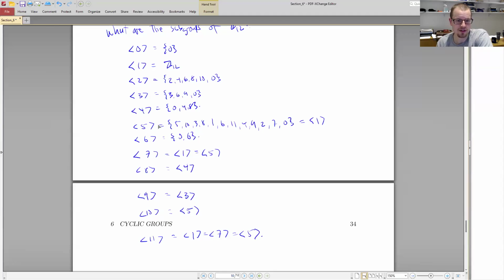Whereas 5 and 10 generate the whole thing. 10 does not generate the whole thing. That's definitely not the case. 10 should actually be the same thing as 2.